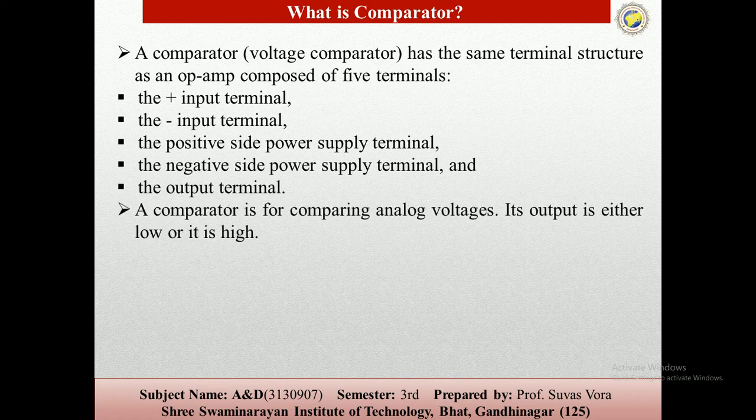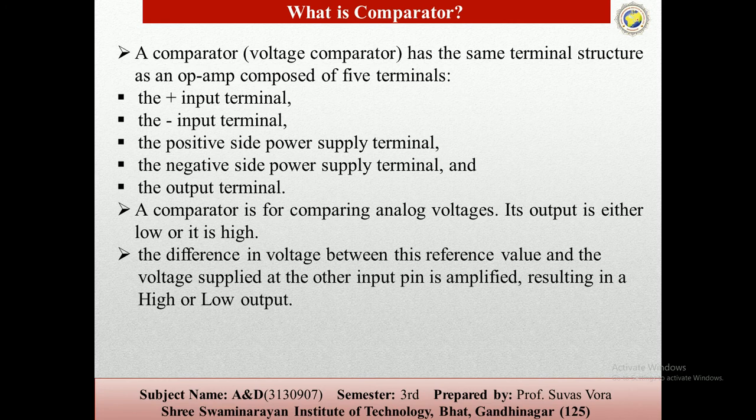So the comparator is for comparing analog voltages. Its output is either low or high. It produces an output voltage which is either the positive saturation voltage or the negative saturation voltage. As the comparator output has two voltage levels, either high or low, it is not linearly proportional to the input voltage.